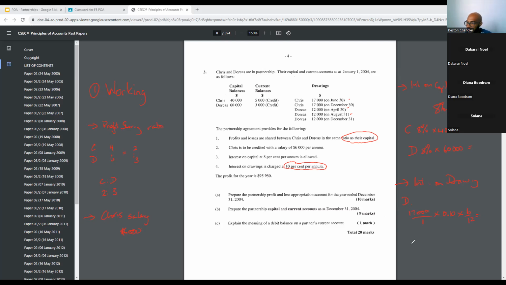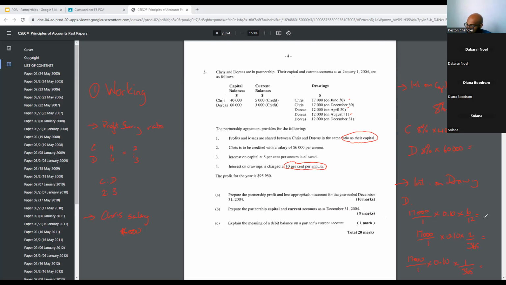He also has $17,000 by 10%, and he does it on the 30th of December. So that's like 2 days interest. So you could put 2 out of 365. And then 17,000, you're following that, right? Multiply by 10%, multiply by, on December 31st, 1 day of interest.